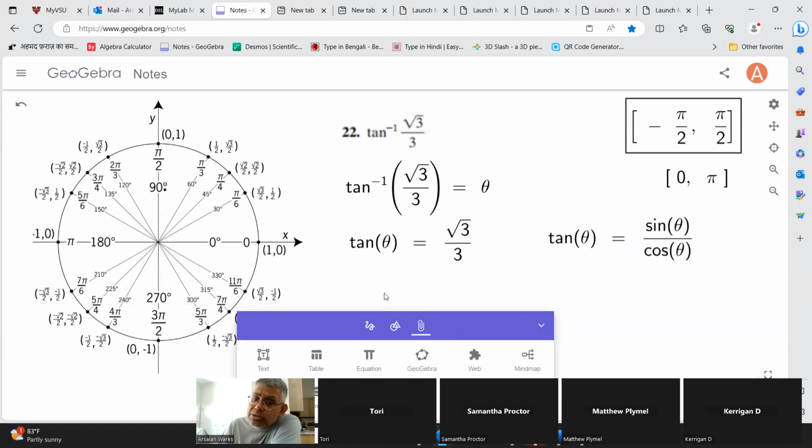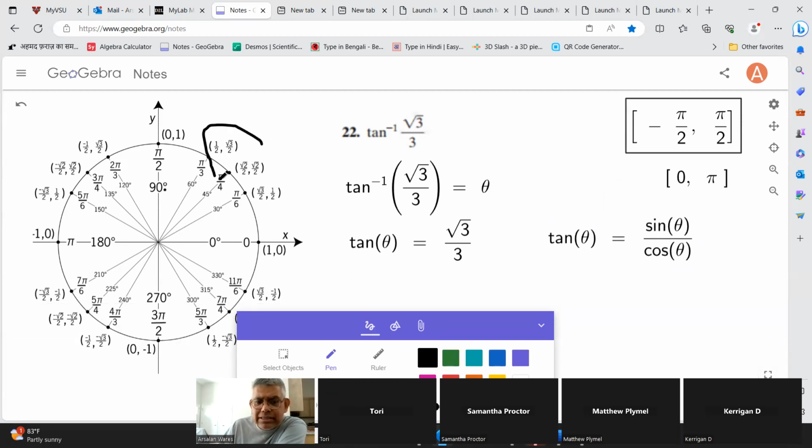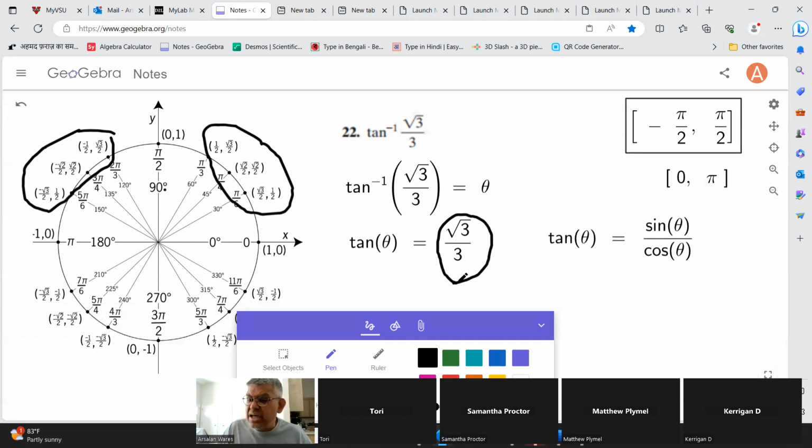So you have to do some work. There aren't a lot of examples, actually. There are only 3 cases. It has to be here or here, or here or here. So you're going to divide sine over cosine and try to get exactly this: the square root of 3 on top, regular 3 in the bottom, and it's positive.